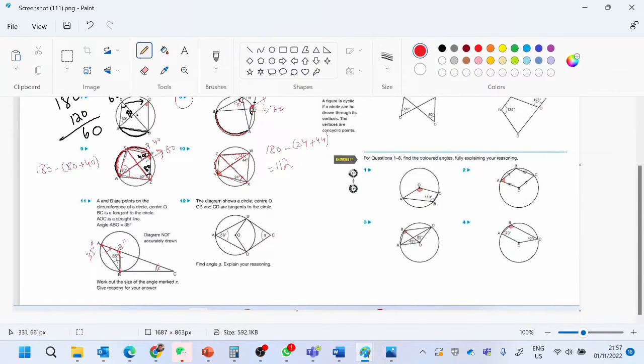This one is 110. The angles on a straight line are always equal to 180. So if this one is 70, 90, because the angle formed by a tangent and the radius is 90.